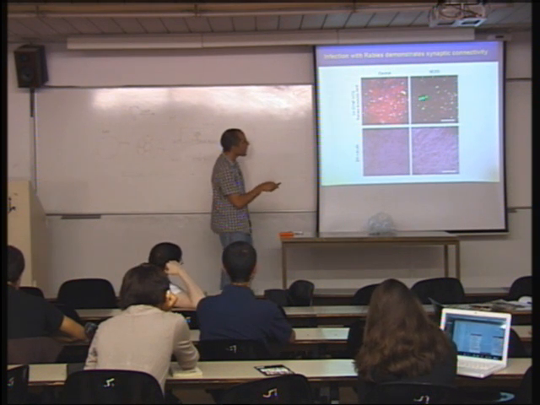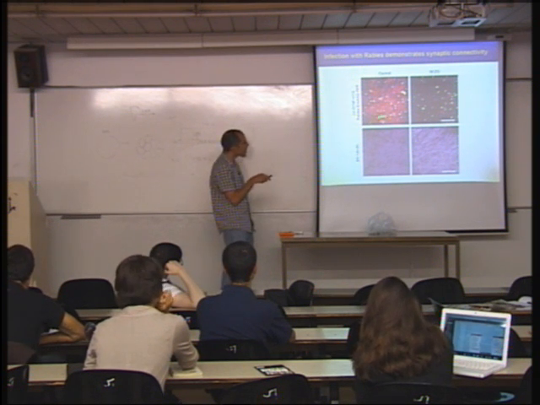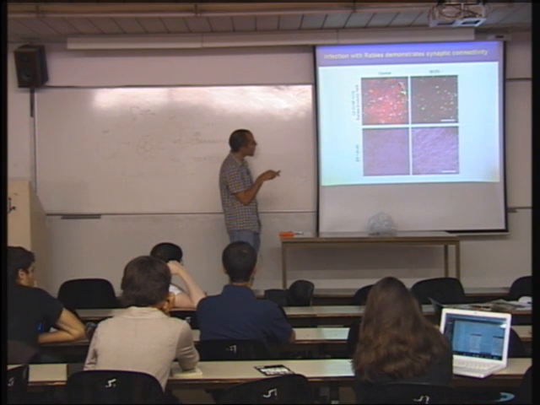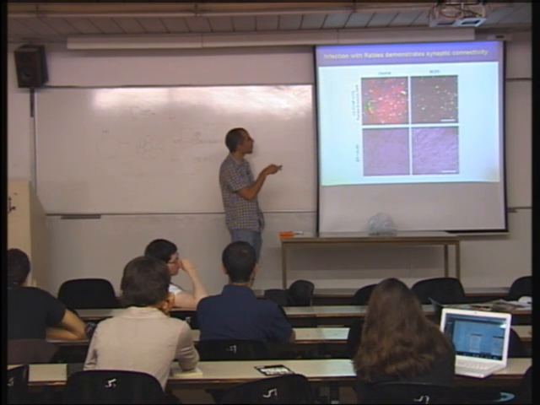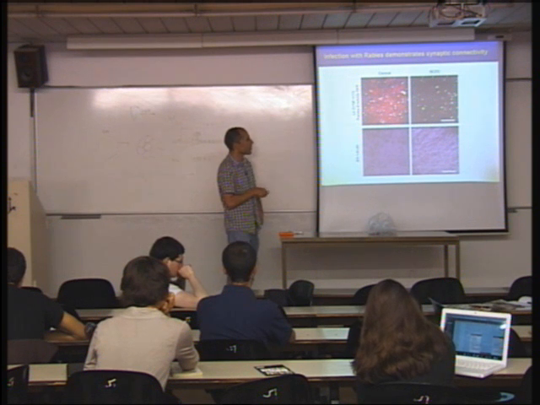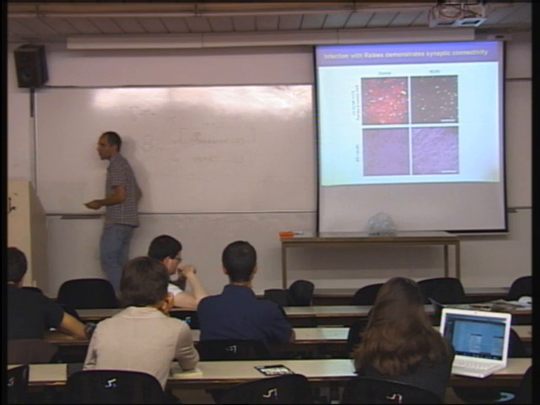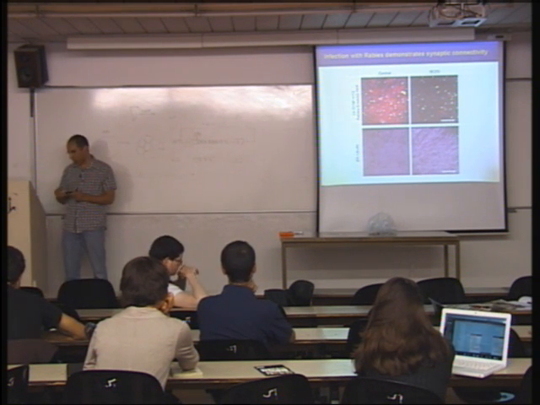This is a specific staining for functional synapses using the rabies virus. In the control you have the same density of neuronal processes, but many more functional synapses than in the schizophrenia patients, which is a very nice manifestation of what you actually see in the schizophrenia brain.